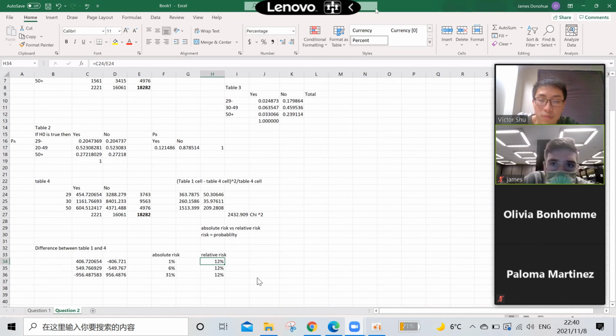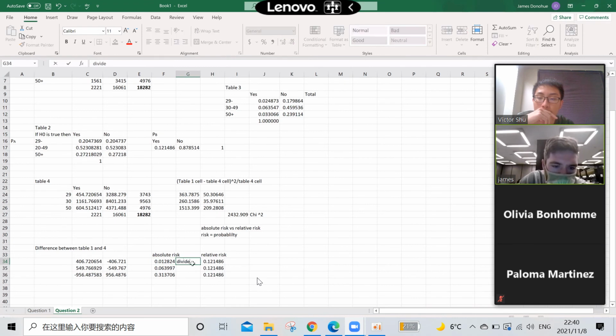Yeah, maybe you can use this percentage score, but it doesn't matter. Well, I can change it back. I'm just confused. Are you saying we should divide these two numbers? Because you already have the absolute risk of the young aged group, of the middle aged group with the elder group, right?